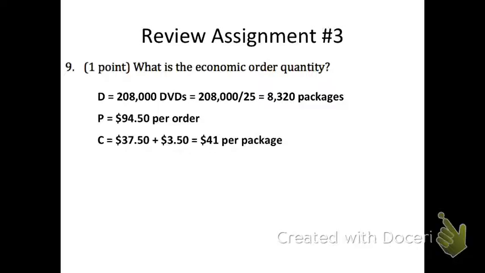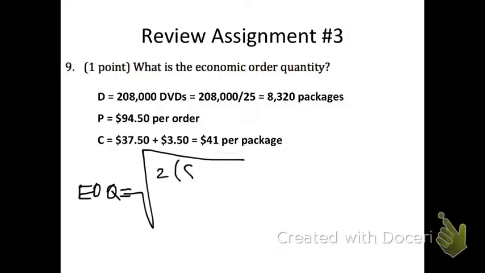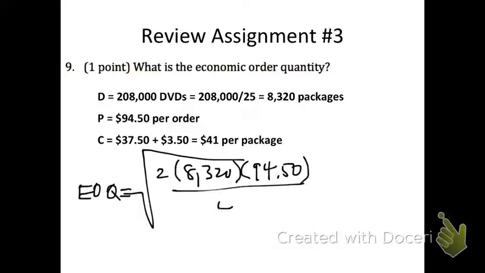And so again, all you need to do is to get the economic order quantity, which is the square root of 2 times the 8,320 times the 94.50 divided by 41, and you should get an economic order quantity of 196 packages.